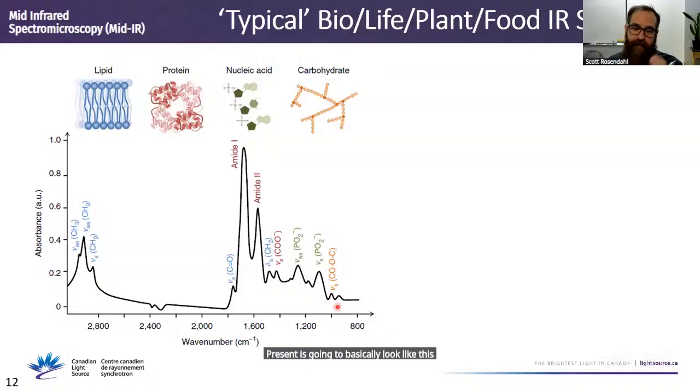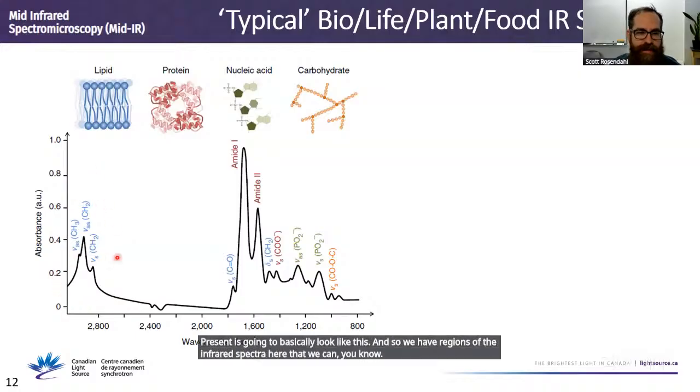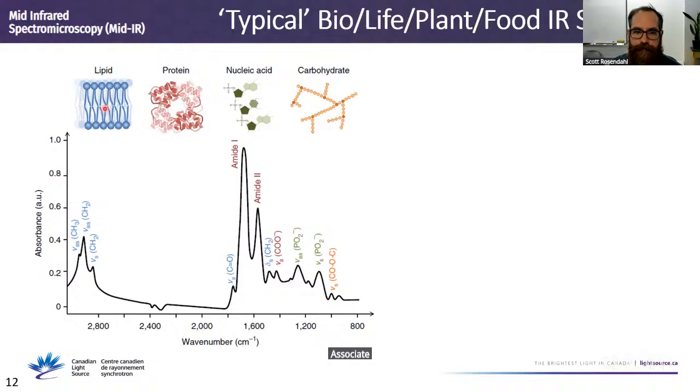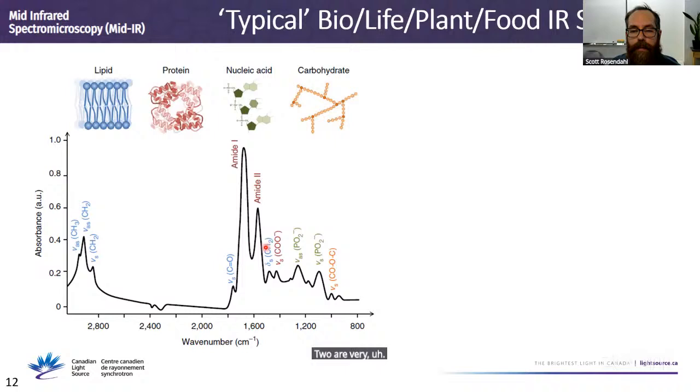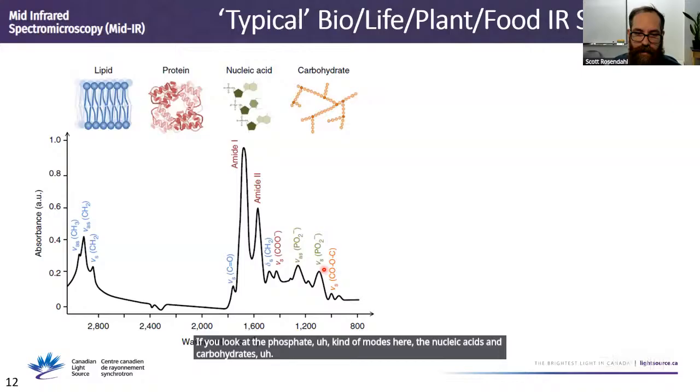So we have regions of the infrared spectra here that we can associate primarily with lipids, with protein. This particular band here, these two bands, amide 1 and amide 2, are very good reporter bands. If you look at the phosphate modes here, from nucleic acids and carbohydrates, again, down here at about 1300.